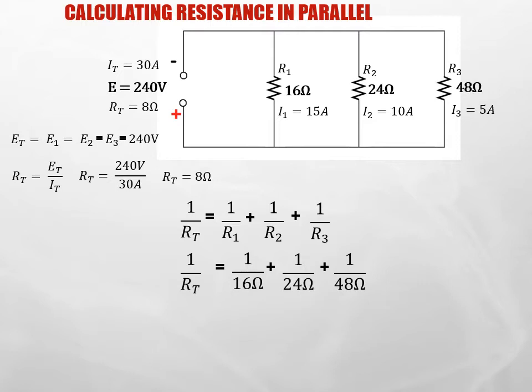When you go through that addition of the fractions, you find out that 1 over RT is equal to 1/8. In order to get back to RT, we have to take the reciprocal of each. So we take the reciprocal of 1 over RT, which gives us RT, and the reciprocal of 1/8 is 8. So sure enough, we get back to our answer of RT is equal to 8 ohms.